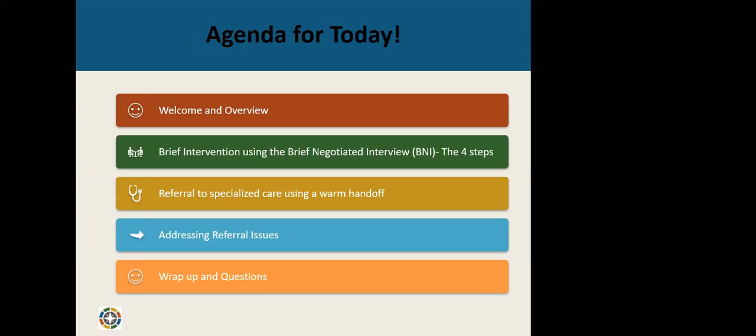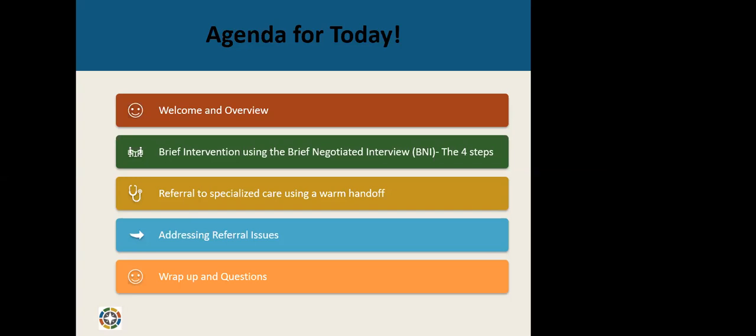We'll also talk about referrals. This is another area where I think we're really starting to break down some of those silos of prevention, treatment, and recovery. We really need players from all of those sectors when it comes to implementing SBIRT successfully. And so we'll talk about that referral process.